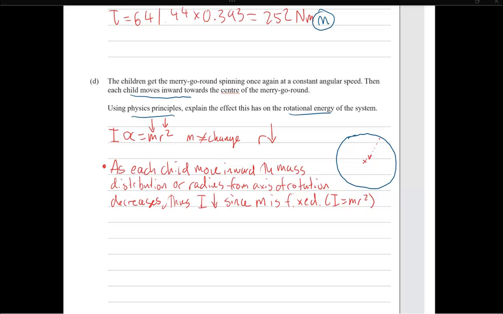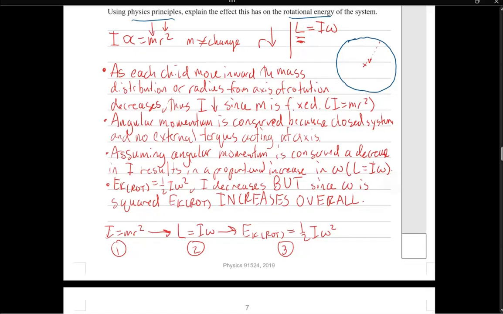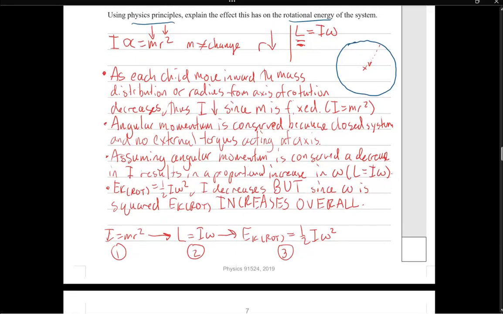I equals mr squared. Now, the next bullet point we have to talk about is angular momentum, because this is our next equation that we're going to talk about. So we have to talk about how this stays conserved. So I'm going to cut to when I finish writing the second bullet point and explain it. Right, so I've actually just written a whole answer, but it's easier for me to talk through all of them as a whole rather than individually.